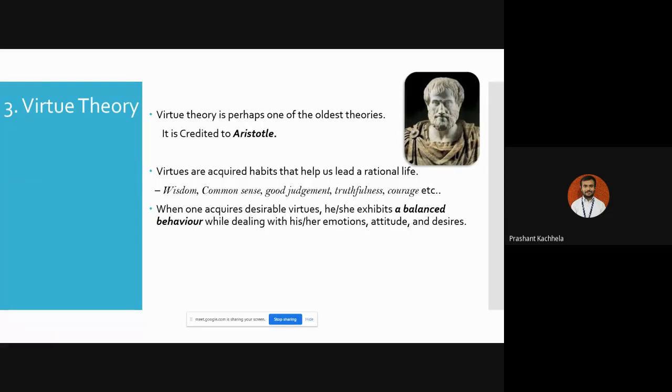So it is saying how well you were raised and how well you are thinking. So it is about our mature thinking, whether something is right or wrong, and according to that we have to decide. So it says that when one acquires desirable virtue, he or she exhibits a balanced behavior while dealing with his or her emotions, attitude, and desire.